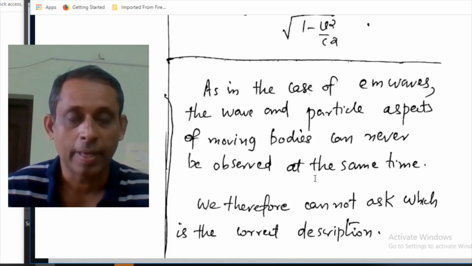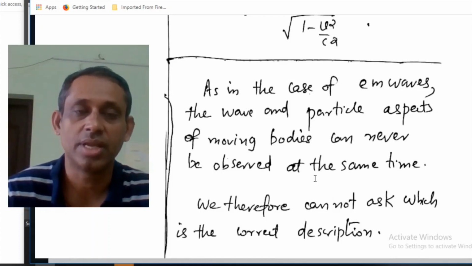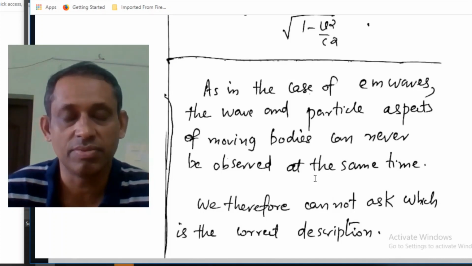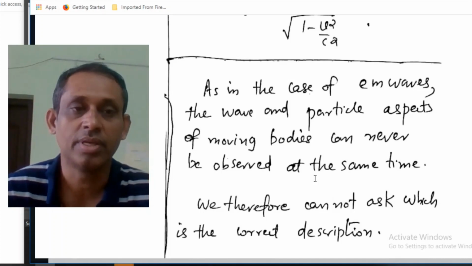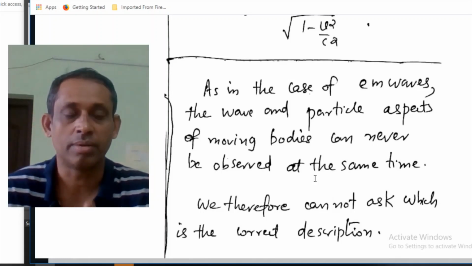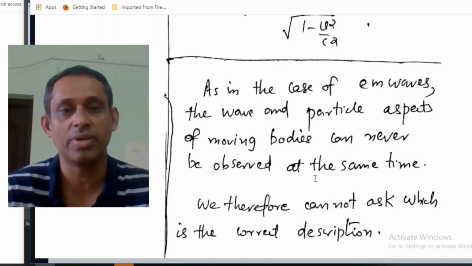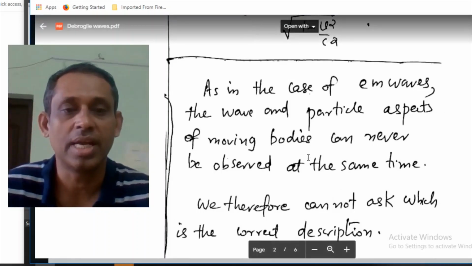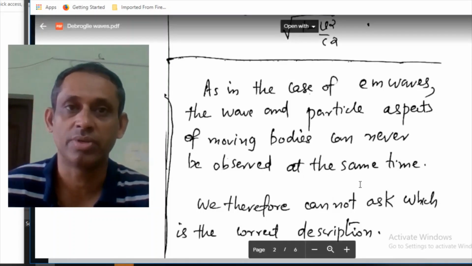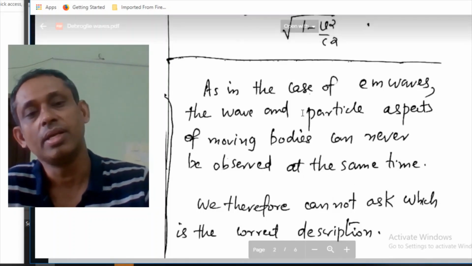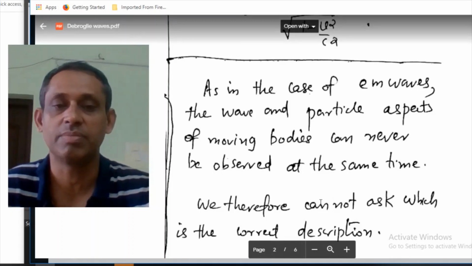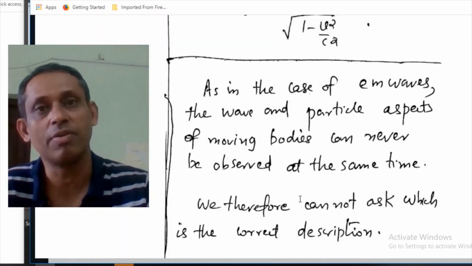To explain certain effects, we need the particle nature. To explain some other effects, we need the wave nature. But even though the radiation has particle and wave nature, the wave and particle aspects of the electromagnetic radiation can never be observed at the same time. So, as in the case of electromagnetic waves, wave and particle aspects of moving bodies can never be observed at the same time.